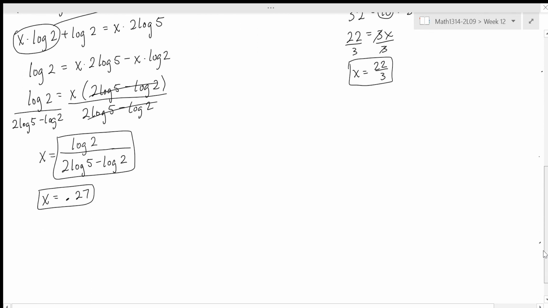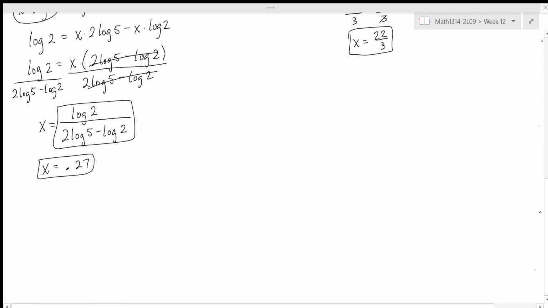Okay, so let's do number 40. Log base 5 of (8 minus 7x) equals 3.